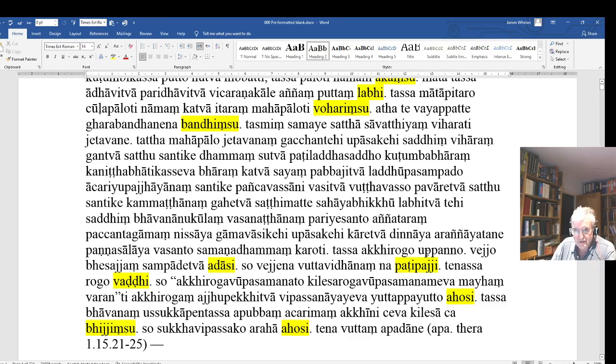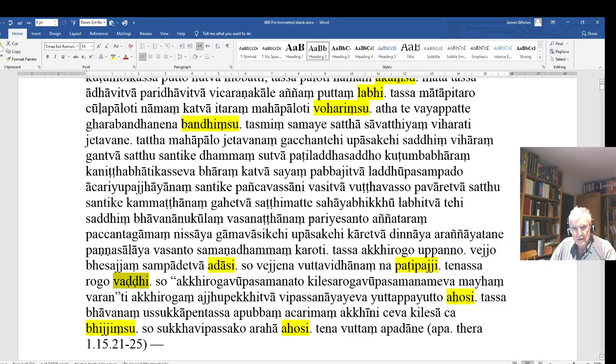Patipad is to proceed, to go along. In Sanskrit, pratipadyate with a dya. In Pali, patipadjati. Now look here, instead of the ati, you have the i, the characteristic of patipadji. Look at that verb ending in an i, it has to be the aorist.